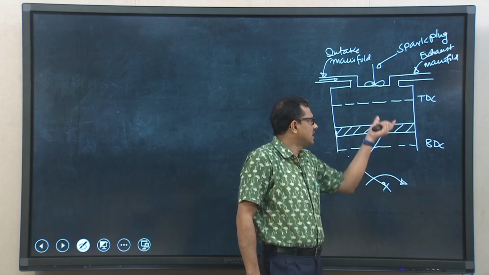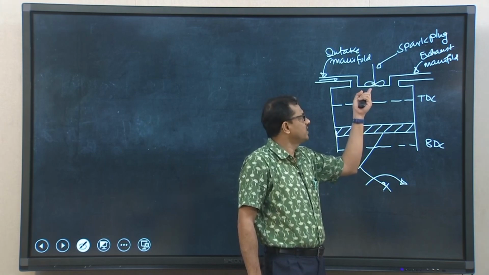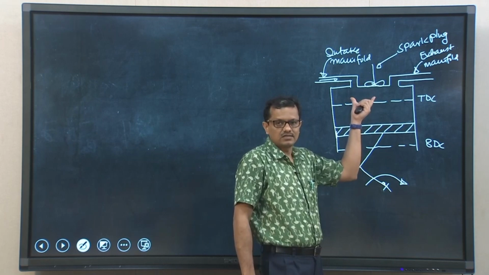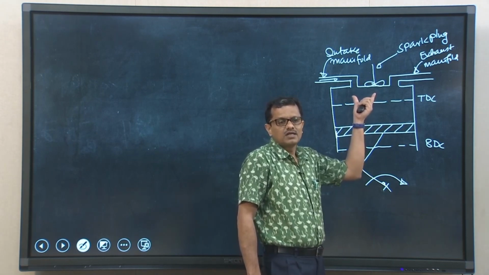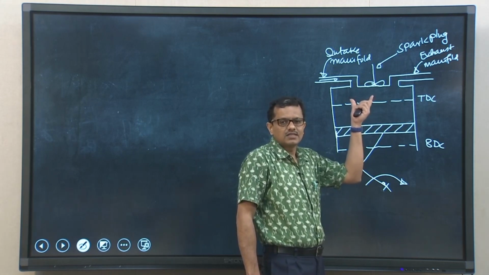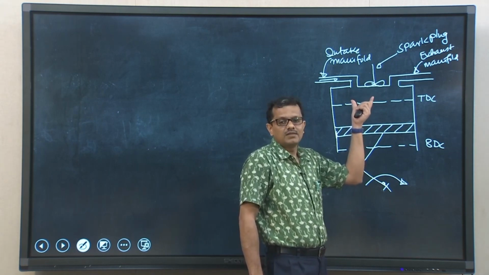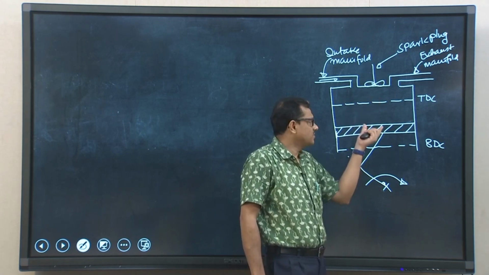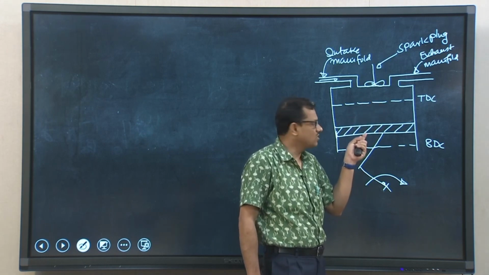Towards the end of the compression stroke, if we switch on the spark plug, a spark will be initiated and that spark will help to ignite the compressed charge. Combustion will be completed, and because of the combustion, the thermodynamic state inside the cylinder is high pressure and high temperature of the working substance. That will create a thrust on the piston face, and the piston will again travel back from TDC to BDC, and that is the power stroke.